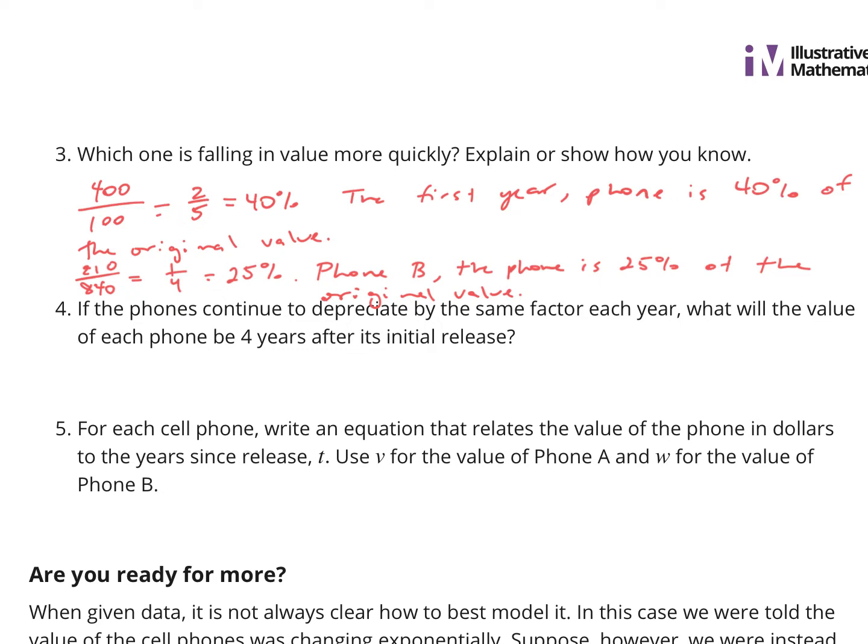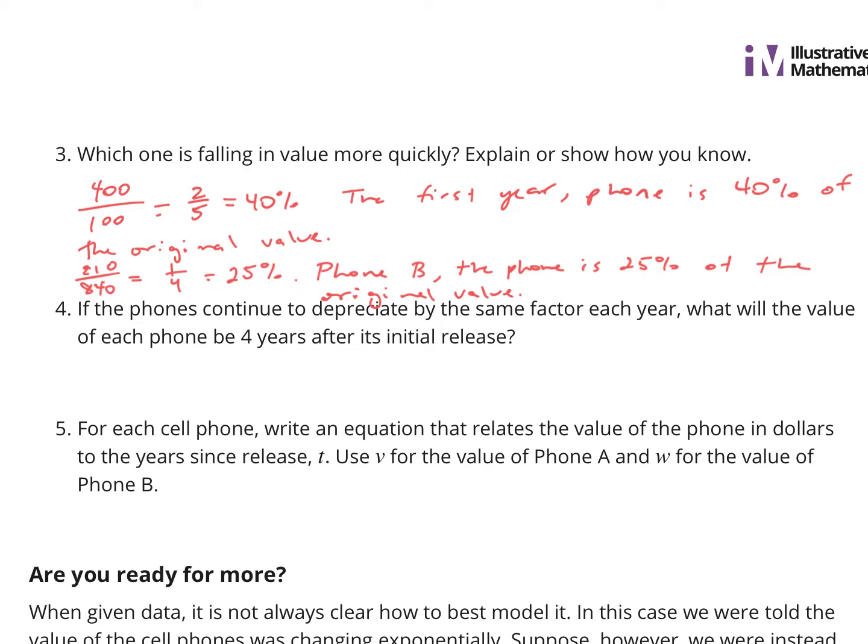Question 4 says that the phone continues to depreciate by the same factor each year. What will the value of each phone be 4 years after its initial release? For question 4, we need to figure out the growth factor. Now, in the previous problem, we were calculating how much it was losing by. Remember, for the growth factor, we want to know what the current value is.